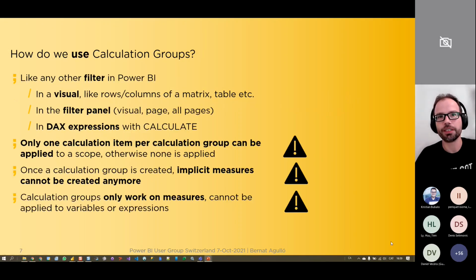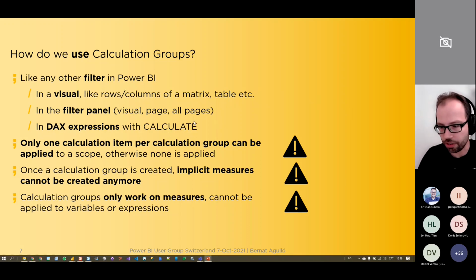Okay, moving on. Now, how do we use calculation groups? Because we define them, but how can we use them in the report? It's like any other filter. If you put it in a matrix, then whatever is in that row will be affected by that calculation. Also, you can put them in the filter panel, at the visual level, page level, whatever, or even within DAX expressions.